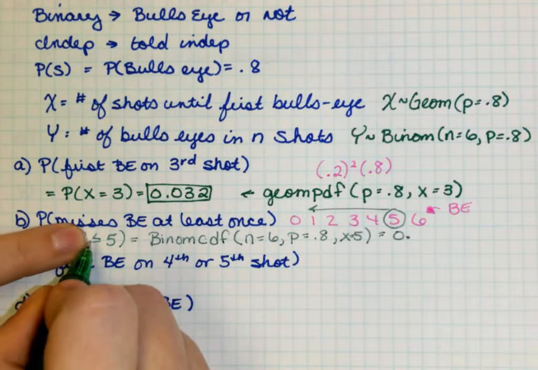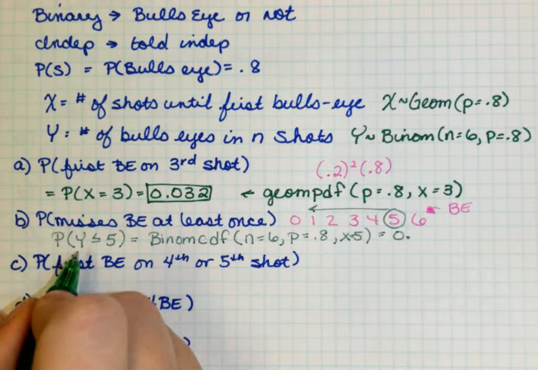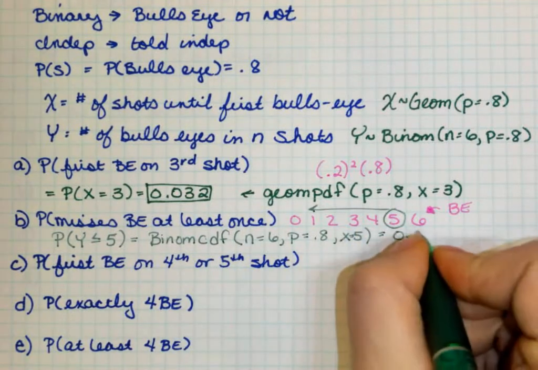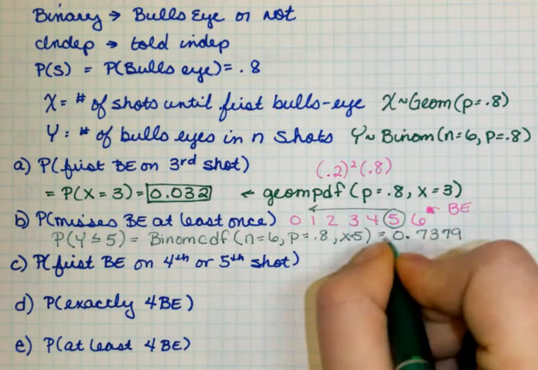Anytime you have an inequality symbol, it's going to be CDF. The equal to symbol is the PDF. So what do you get with this one? It should be the same thing that we got last class. 0.73.